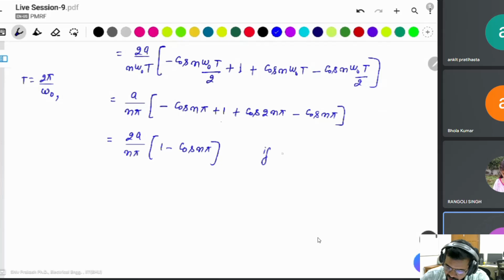If n is even, like 2, 4, cos of it is 1, and 1 minus 1, the whole value is 0.